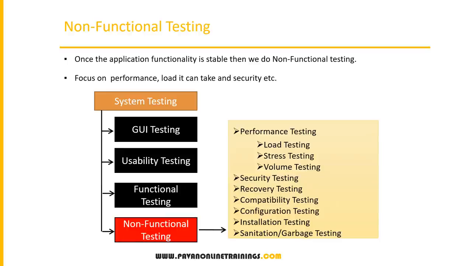That comes under the functionality, meaning a feature of the application we have tested. After functional testing is done, then non-functional testing will start, because once the functionality is stable, then non-functional testing will be conducted.